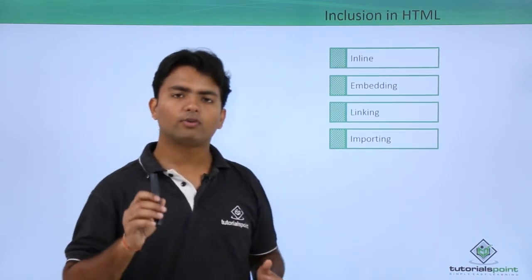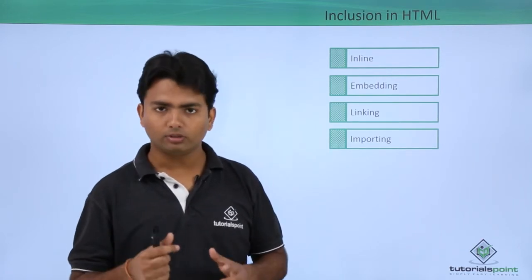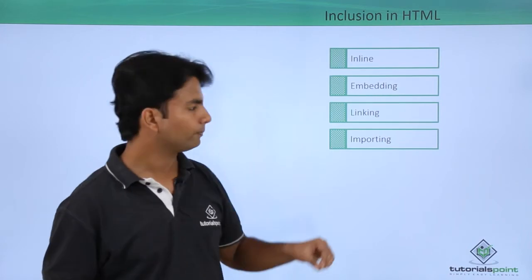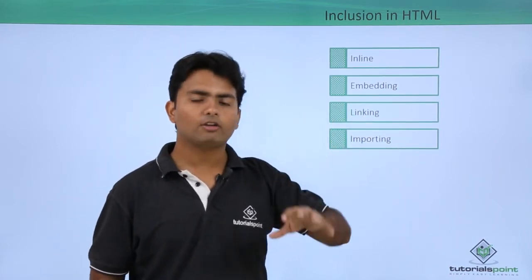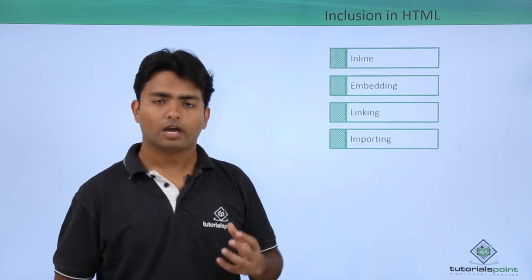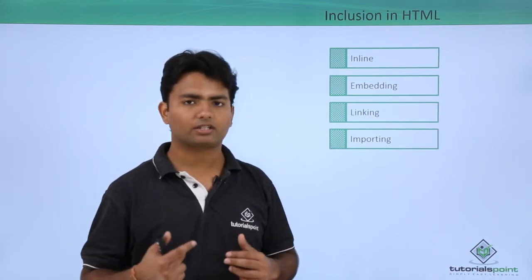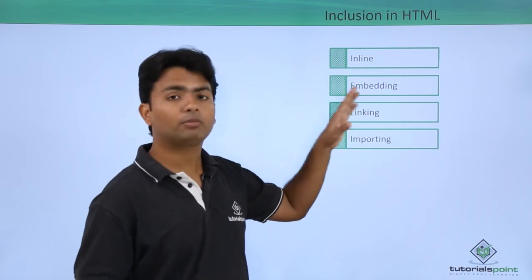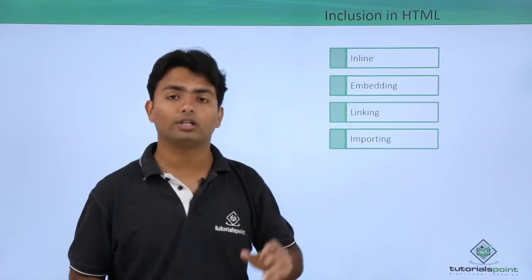There we will write all the style rules and those will be applicable for the current HTML page only. After that, in the body, whichever HTML tag you are putting, you can use the name selector, ID selector, class selector, universal selector, whatever, but that will be applicable for the current page only.